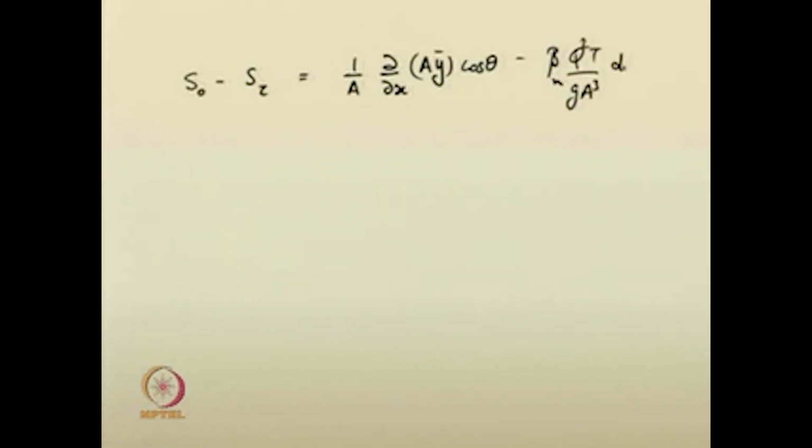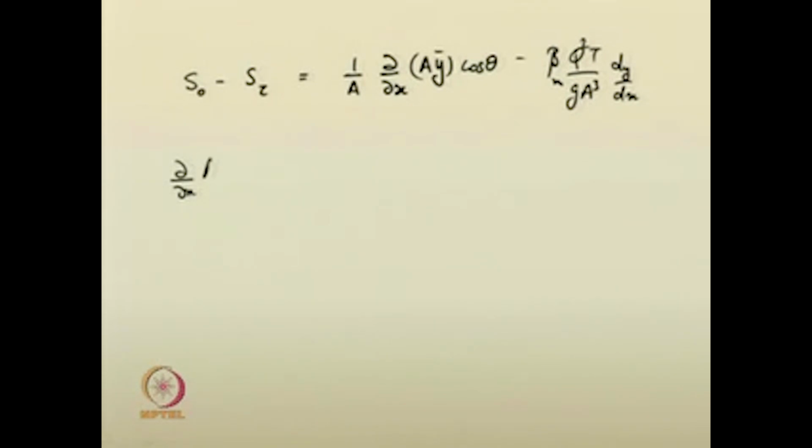S0 minus Sf is nothing but equal to 1 by A dou by dou x of A y bar cos theta minus beta m Q squared T by g A cubed dy by dx.